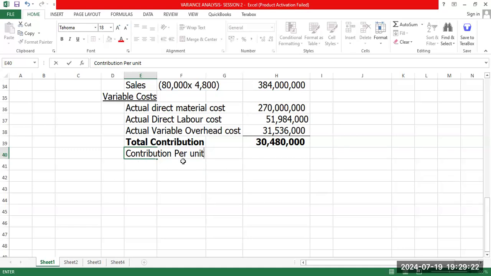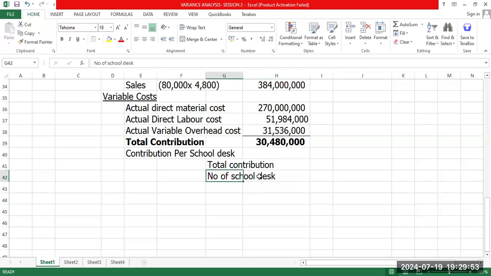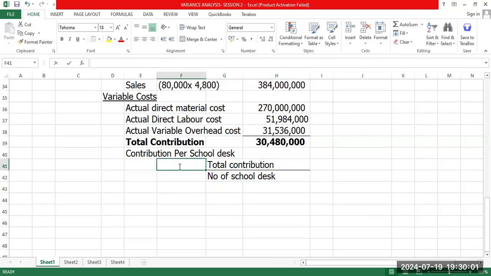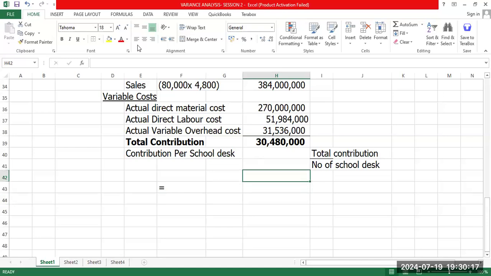All right. So contribution per unit, or per school desk, will be equal to our total contribution divided by the number of school desks. And what do you get? 6,350.